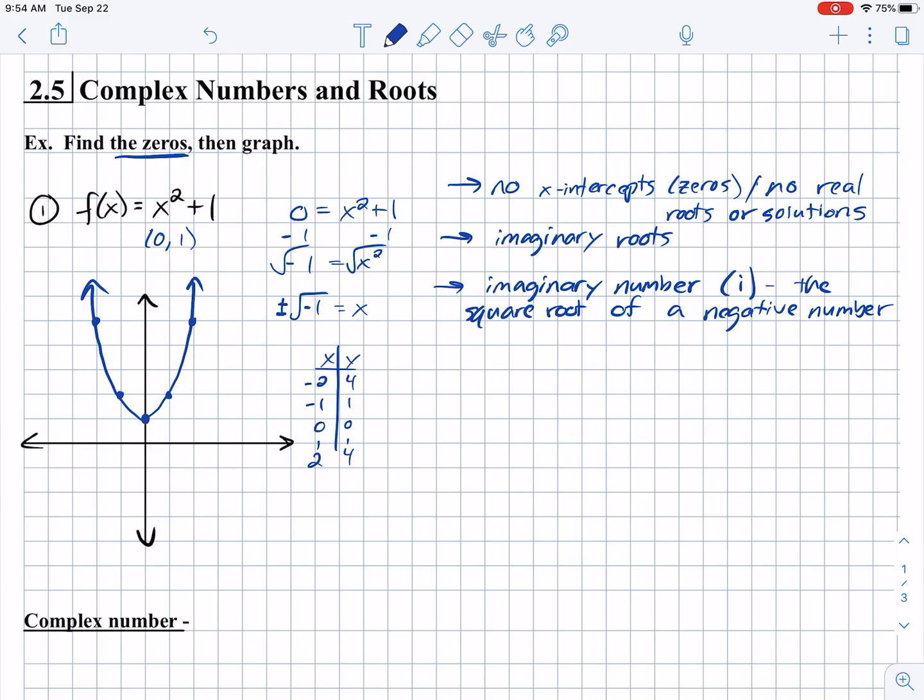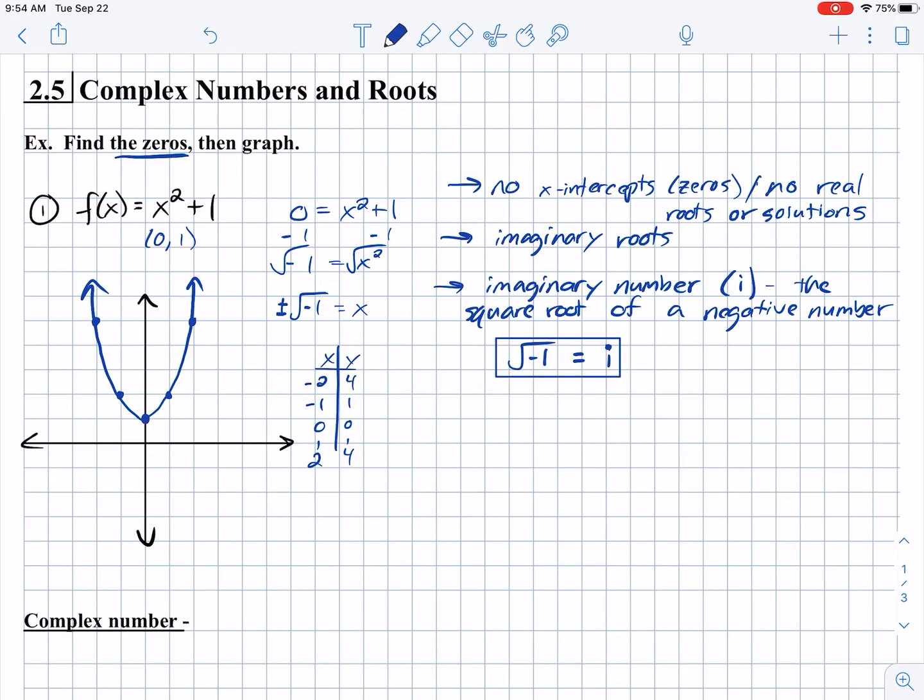Right, and your most basic or most standard imaginary number we're going to use a lot is the square root of -1. And the square root of -1 we just write as i, okay? So anytime we have the square root of a negative, we can just write this as i. It represents an imaginary number, the square root of a negative.